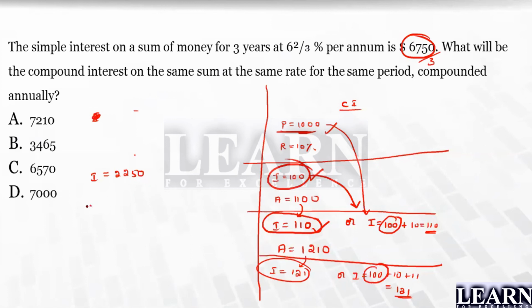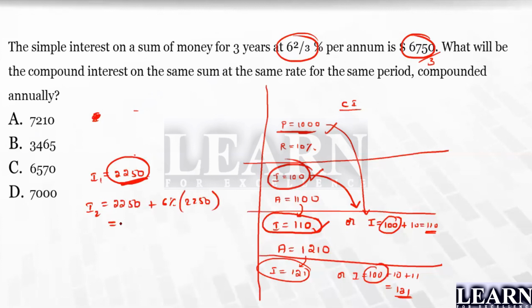What is the interest for the second year? This is the interest for the first year. What about the interest at the end of the second year? It is 2,250, the basic one, plus 20 by 3% of this. Can I say the approximated value is 6%? Yes, plus 6% of 2,250. What is the value here? Check it out.